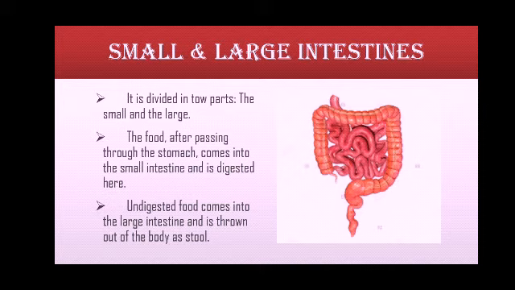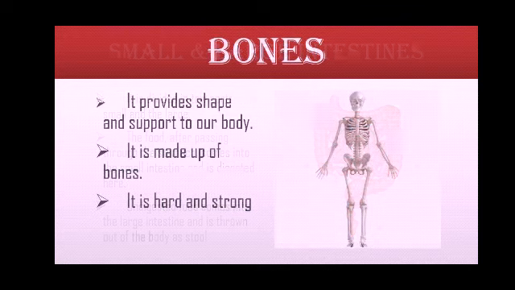So now let's move to the next slide, that of bones. The human bone is the internal framework of the human body. It is composed of around 270 bones at birth. This total decreases to around 206 bones by adulthood after some bones get fused together.